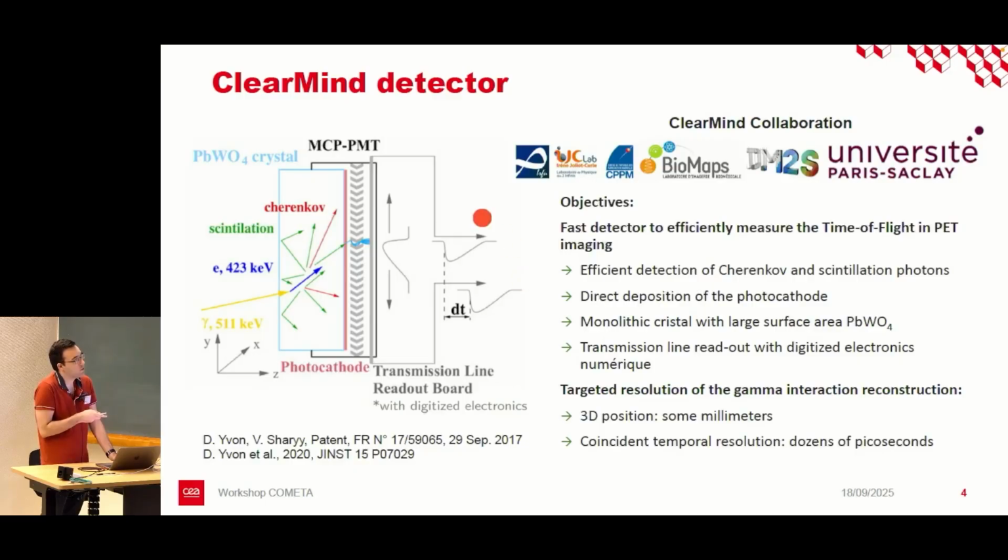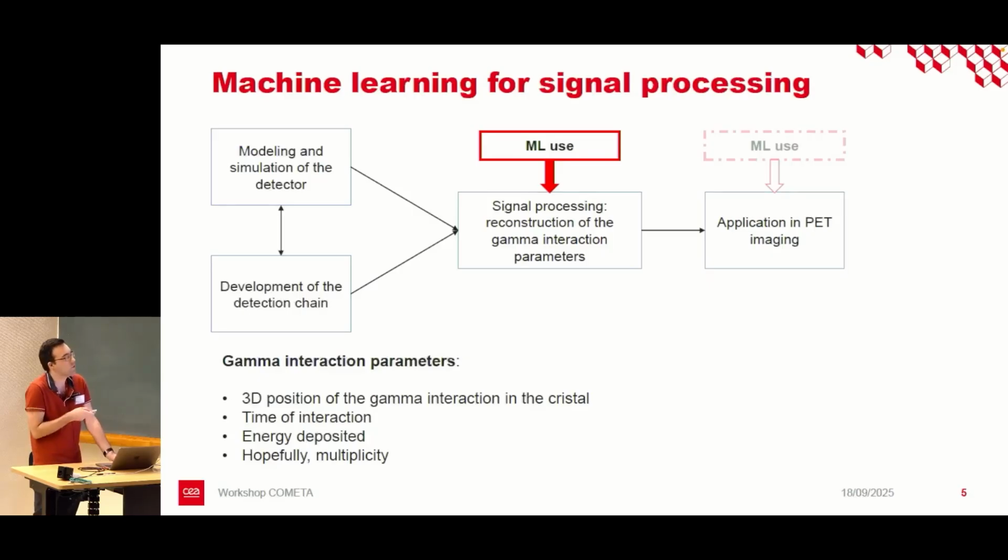The main problem with this is that the signals that are produced are very complex. I will explain why later. They are very complex to analyze, so that's why there is another challenge, which is the signal processing to reconstruct the parameters of the gamma ray interactions.